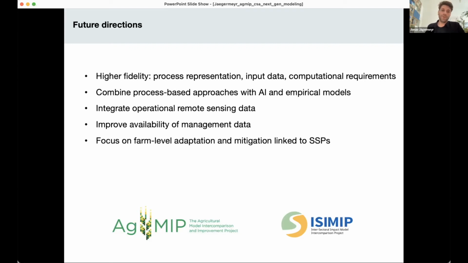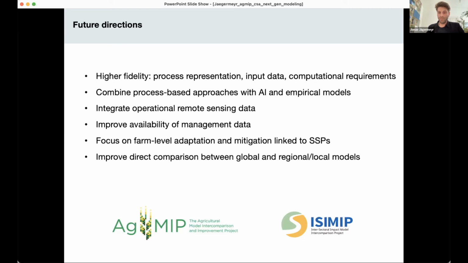So that's going to become a focus in the next rounds of simulations. And then we need to combine these realms of modeling. There's always the global modeling and the regional modeling, and I think we need to bring these closer together and make them consistent.